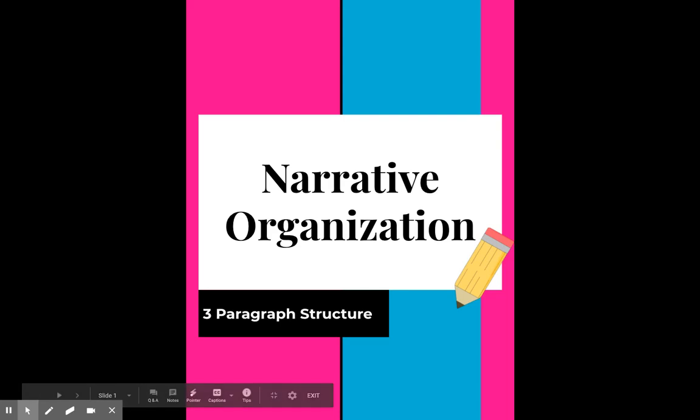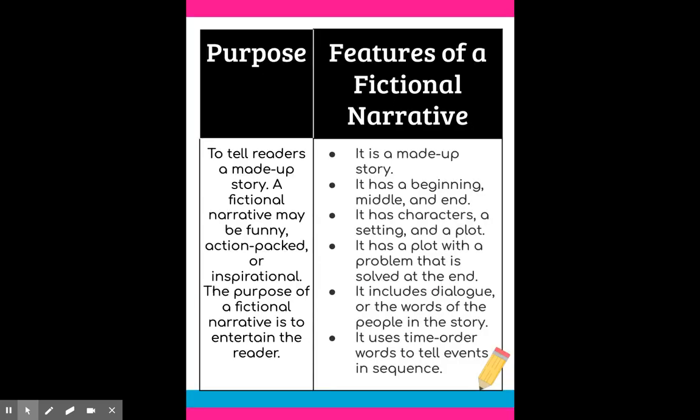Today, we are going to continue looking at narrative writing, and we're going to specifically look at how we organize our narrative essays. So, we already know that the purpose of a narrative is to tell a made up story. And usually, these stories are going to be funny or action packed, but they always have to include a beginning, a middle, and an end.